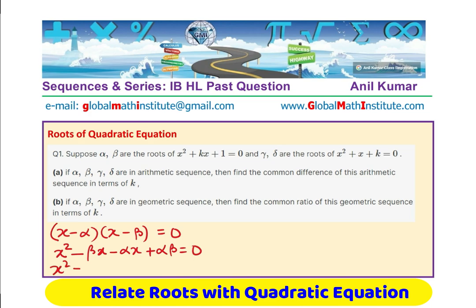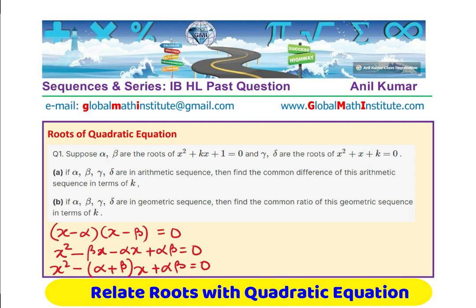Here you can take minus and x common, and you get alpha plus beta in the brackets. Let me rearrange and write it as x squared minus (alpha plus beta) times x plus alpha beta equals 0. This is commonly known to most students, however I thought it important to derive here.